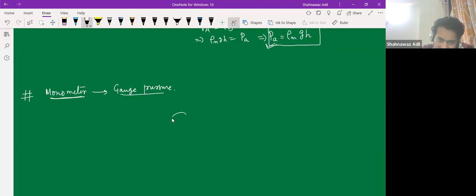We have this spherical tube, and then this is connected by this U-shaped tube. My drawing is bad.